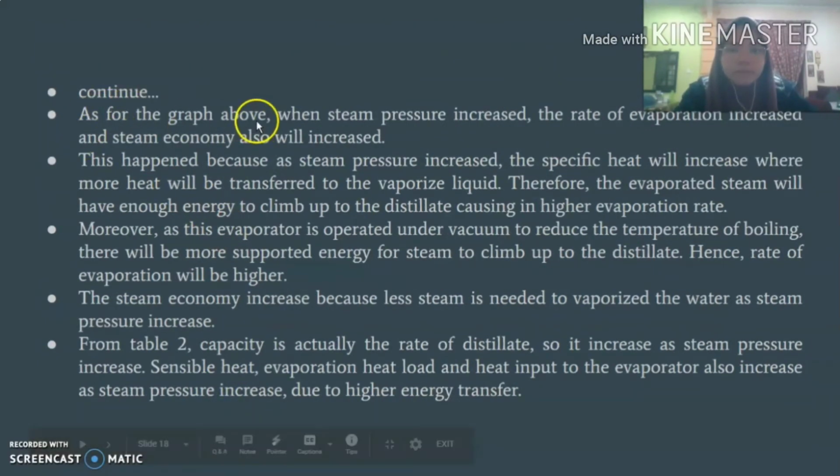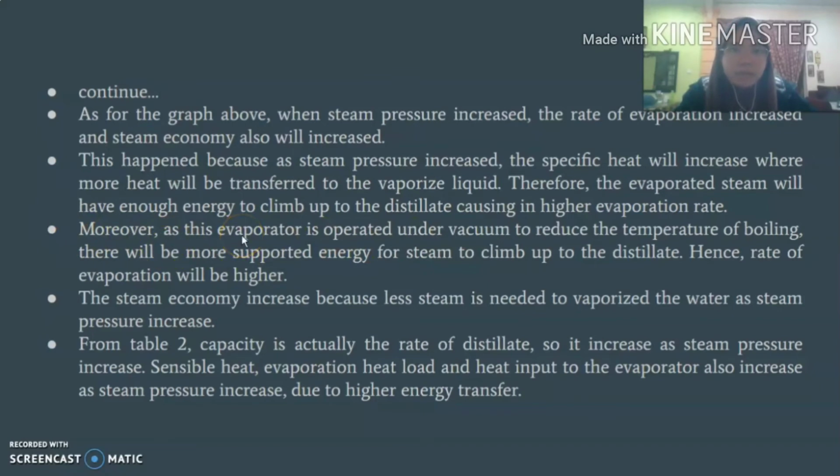And for the graph, when steam pressure increases, the rate of evaporation increases, and steam economy also increases. This happens because as steam pressure increases, the specific heat will increase, where more heat will be transferred to the vaporized liquid. Therefore, the steam evaporator will have enough energy to climb up to the distillate, causing a high value of evaporation rate.